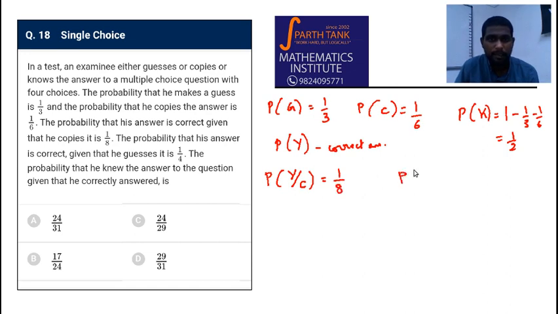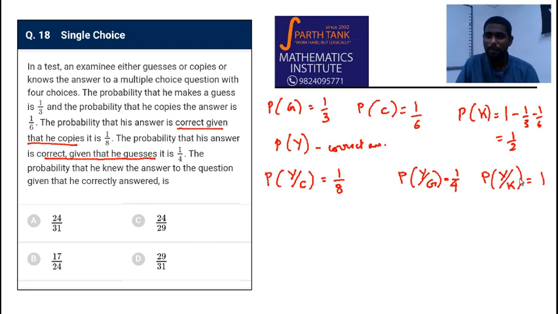And the probability that his answer is correct given that he guesses, Y given G, is 1 by 4. Now what will be the probability of a correct answer given that he knows it? 1. Because if he knows the correct answer, he will put that correct answer, right? Okay. So these are given.